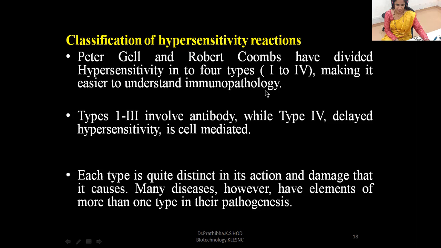Type 1, 2 and 3 involve antibody mediated reactions, while type 4, which is delayed hypersensitivity, involves cell mediated reactions. Each type is quite distinct in its action and the damage that it causes. Many diseases, however, have elements of more than one type in their pathogenesis.